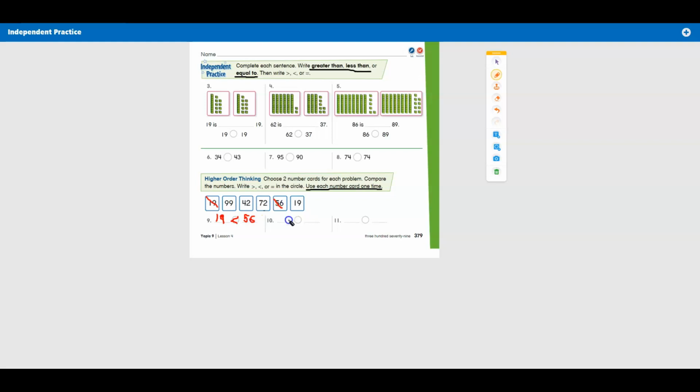Then, for my next problem, I will choose 2 more cards, write the symbol, and for my last problem, I will use the last 2 cards. You can pause the video now to continue working on this page.